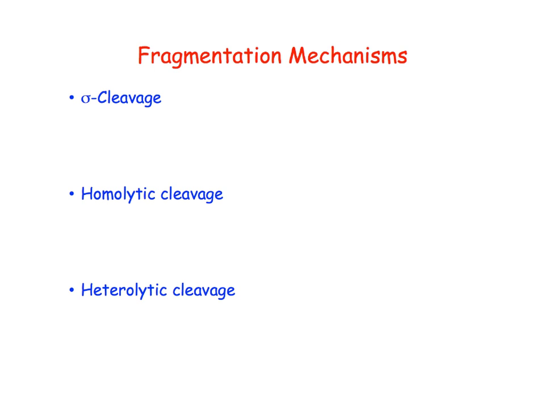Okay, so that's what we're going to talk about for molecular formulas and molecular ions. So let's do a little introduction to fragmentation mechanisms. The first thing to remember is that these mechanisms depend upon where the molecule ionizes.